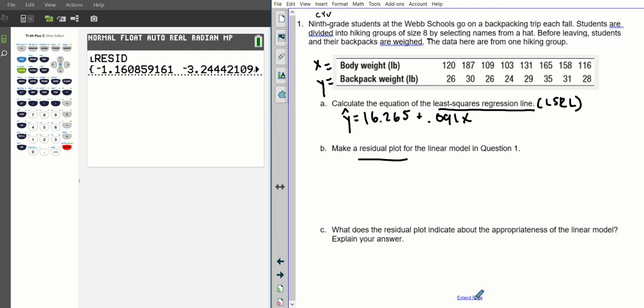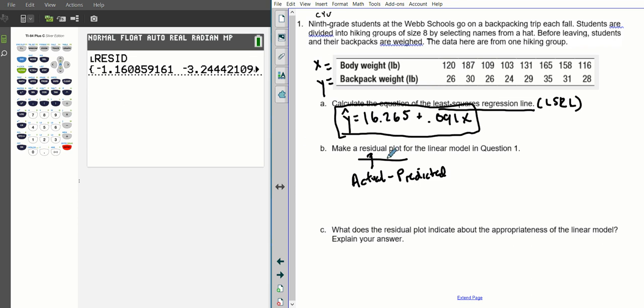If you recall, residuals are the actual minus the predicted. The calculator uses the linear regression line we found and calculates all the residuals for each one of these backpack weights at 120 pounds, 187 pounds, and so on.